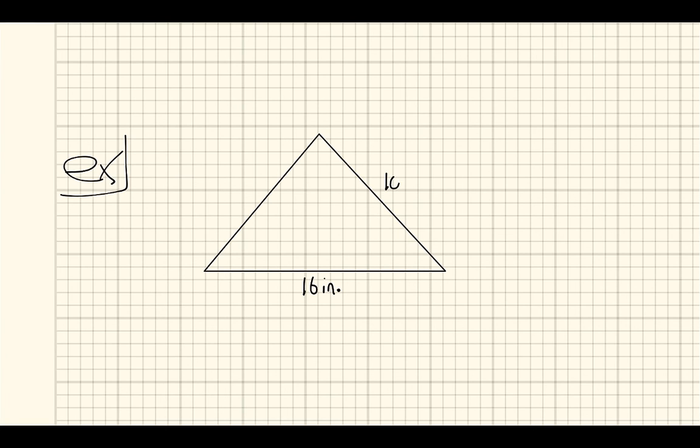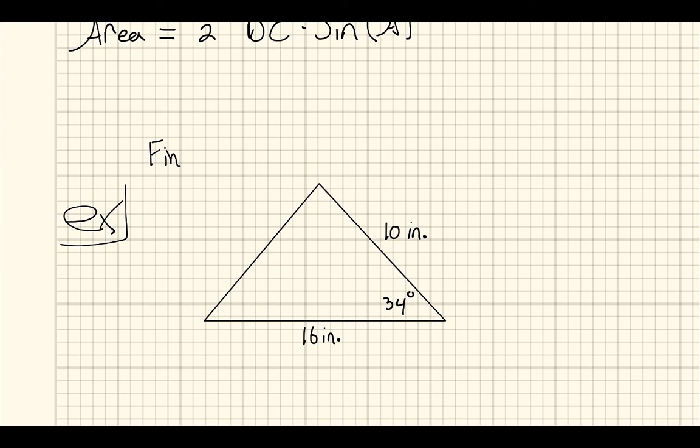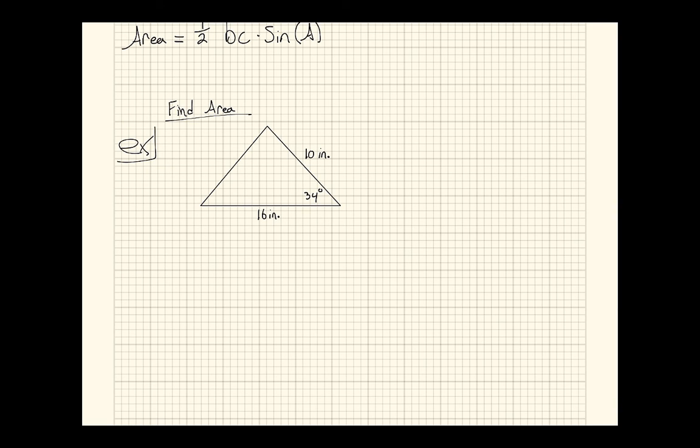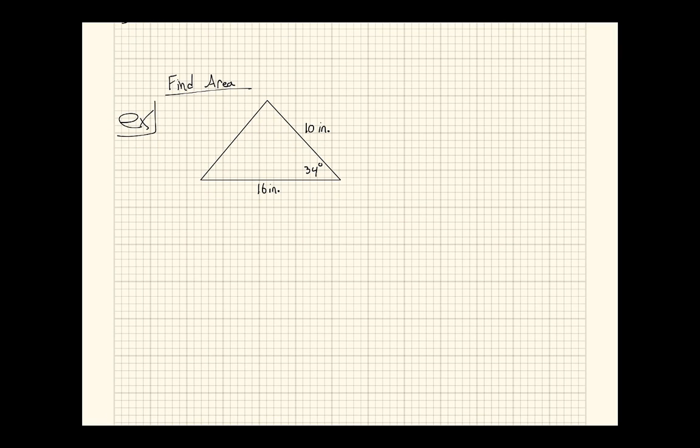We have a 10-inch side here, and this is 34 degrees. If we want to find area, this is one of those side angle side situations where we don't have to have the height. We can use this formula here instead to find it. So it's really just a matter of, do you know the formula? Can you plug it in?